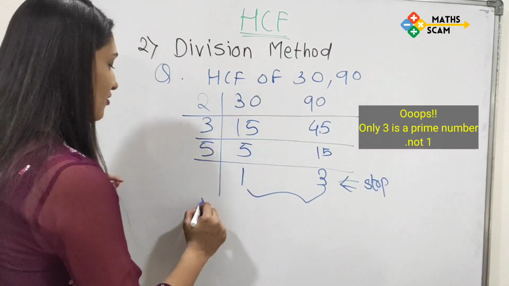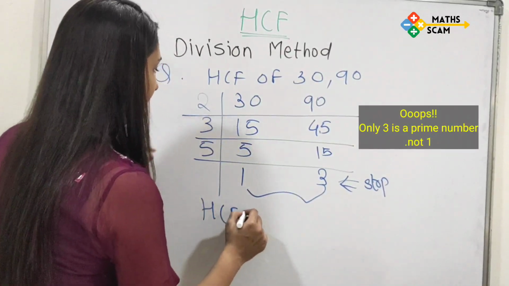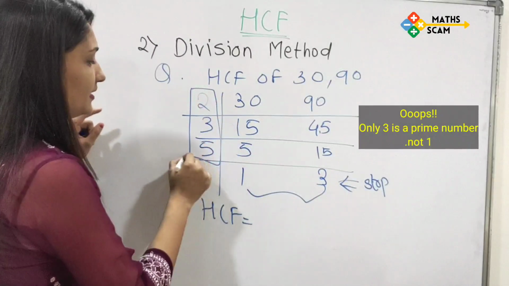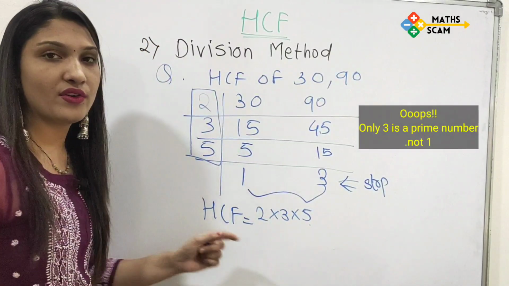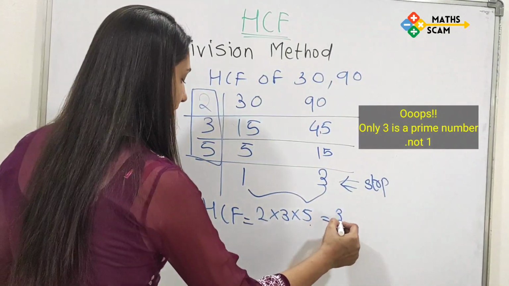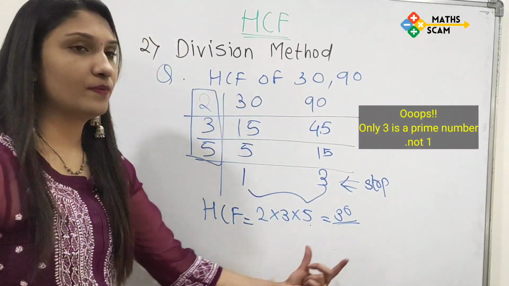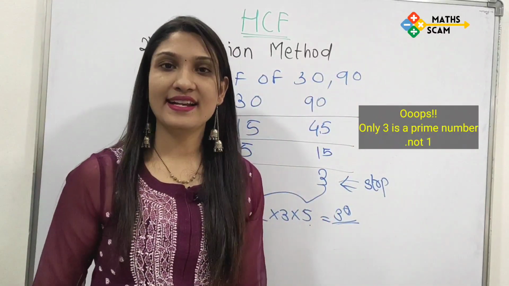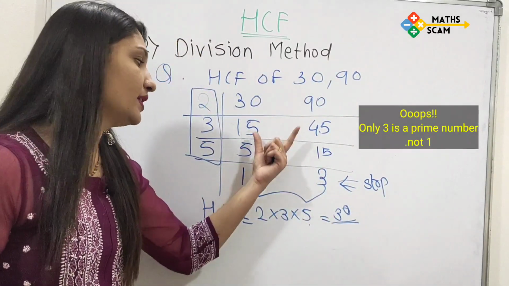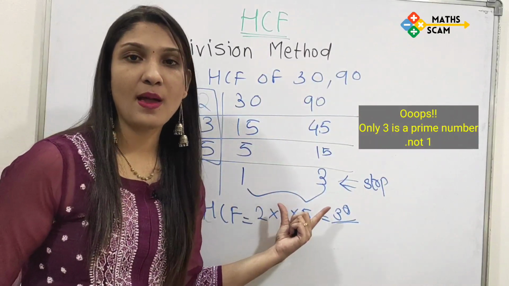So how to find the HCF? The HCF will be the multiplication of these numbers. So 2 into 3 into 5. 5 3s are 15, 15 2s are 30. So the HCF of 30 and 90 will be 30. So you need to stop whenever you get a prime number.